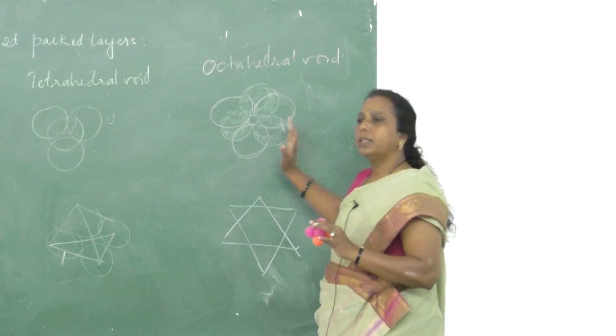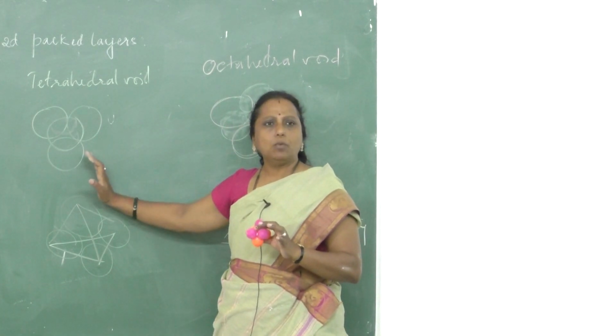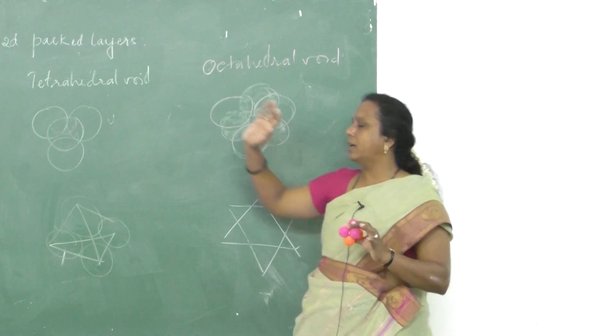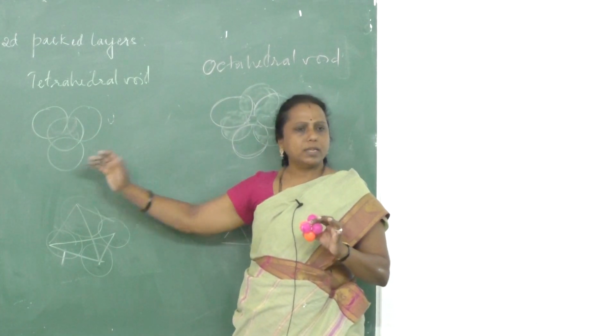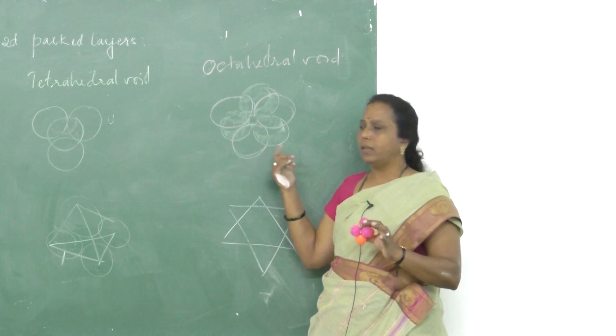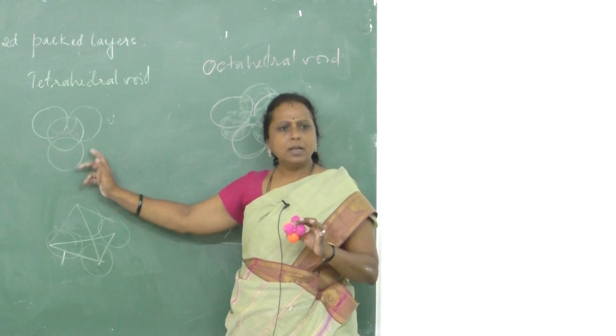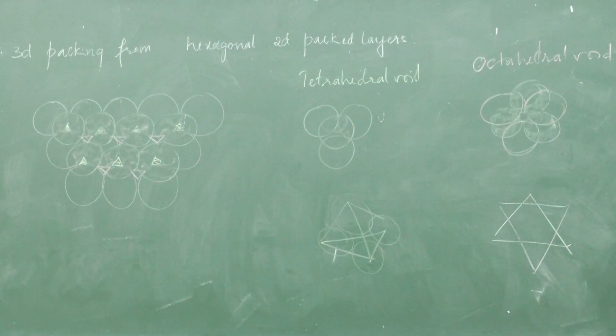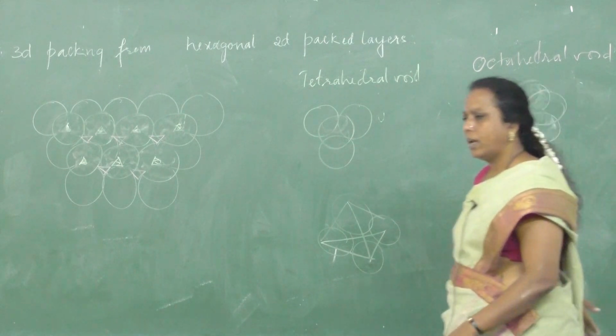Octahedral void is bigger than the tetrahedral void. So the number of octahedral voids produced will be less than the number of tetrahedral voids. This one covers more space, this void covers less space. If n number of spheres are there, n number of octahedral voids and 2n number of tetrahedral voids are produced. I will give you the calculation for that and convince you later.